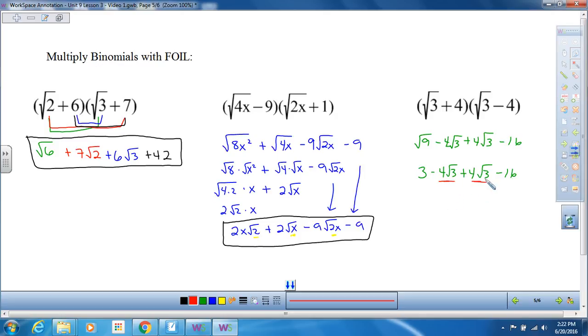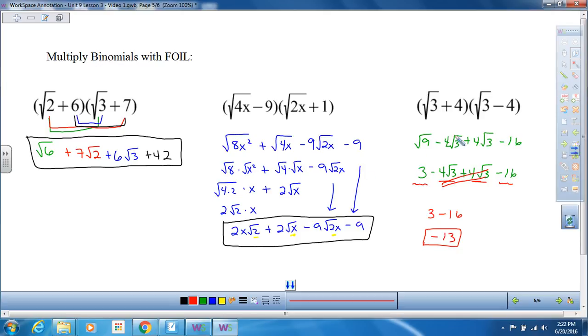But negative 4 square root of 3 and positive 4 square root of 3 is just 0. So those just cancel. And then I have regular numbers. 3 minus 16. So I'm left with just this, which is negative 13.